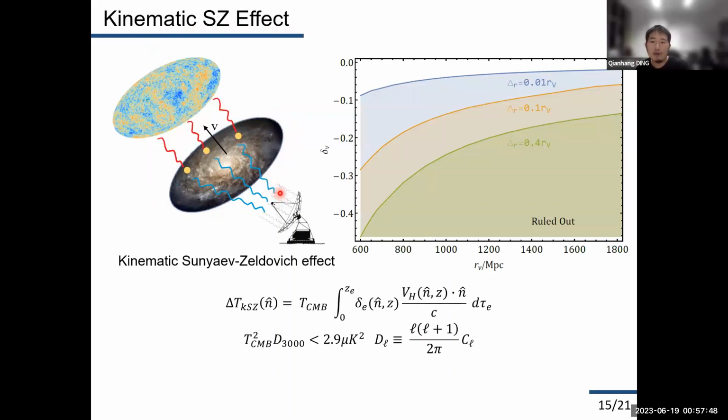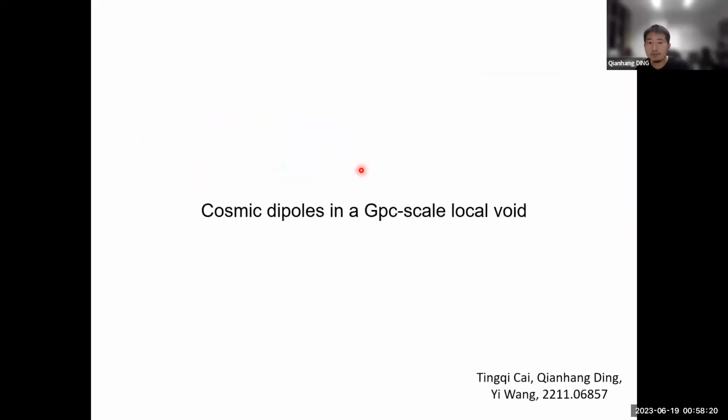It can constrain the void profile, and we find that for a 1.7 Gpc void, the deepest allowed void is around minus 0.14. And this kind of void depth can only ease the Hubble tension from 5 sigma to 3.5 sigma. Therefore, such a Gpc-scale local void can only ease the Hubble tension, but cannot solve it.